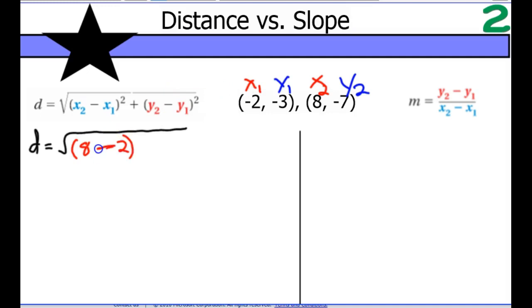Two negatives in a row make a positive, and we have a squared above that. Now we're going to add our y2 minus y1. Our y2 is negative 7 minus our y1, which is negative 3. Two negatives in a row make a positive, and put a squared above that.